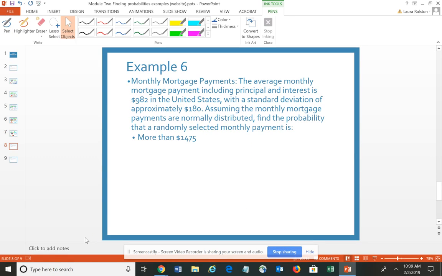Okay, next. Same scenario, monthly mortgage payments. We're told to assume they're normally distributed. We're told that the average is $982. The standard deviation is approximately $180. And this time we want to determine if the monthly payment is more than $1,475.